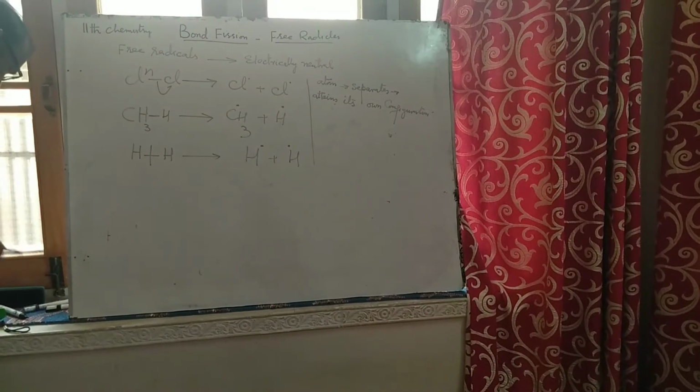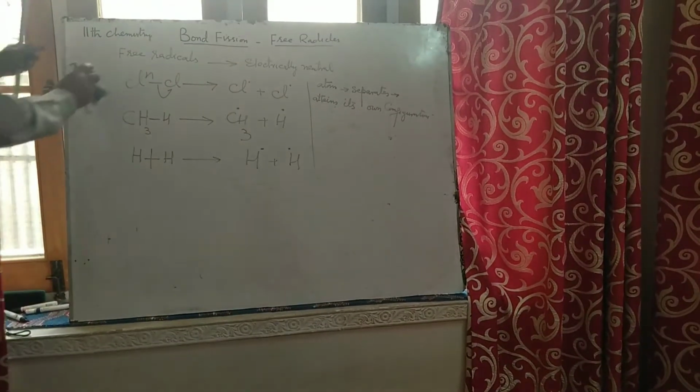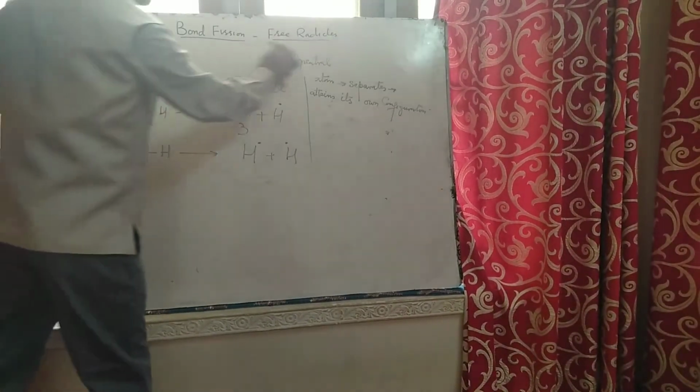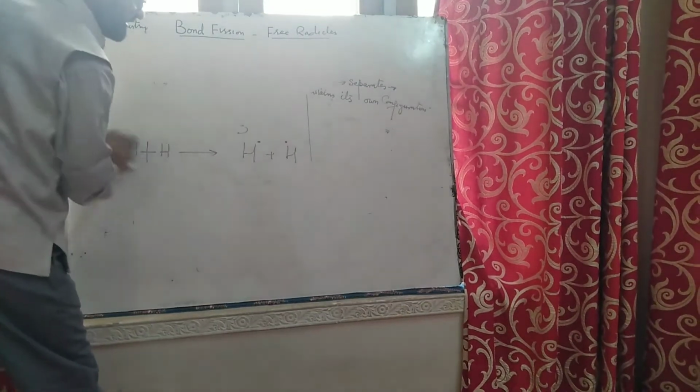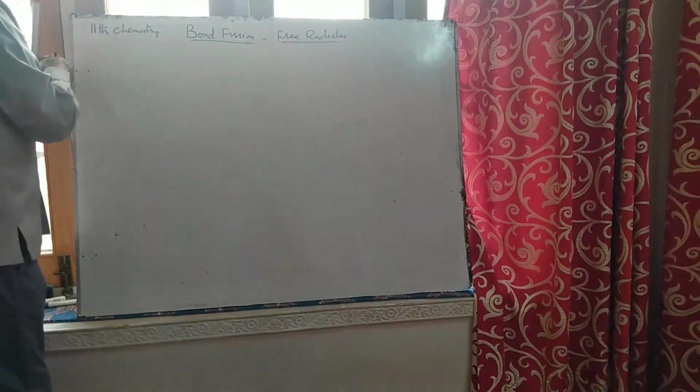Another way of the fission of the covalent bond is called heterolytic fission. Homolytic fission takes place between the two atoms which have a covalent bond between them and have the same electronegativity. You must remember it.